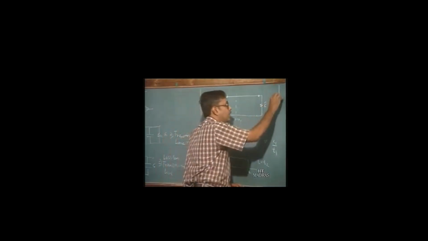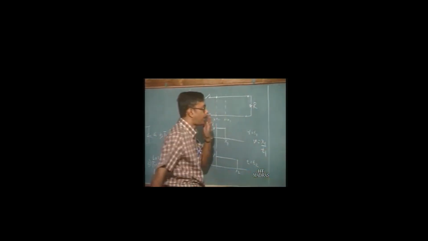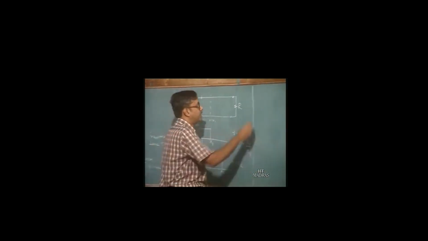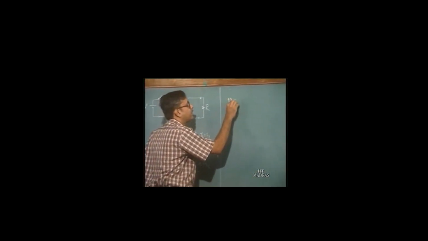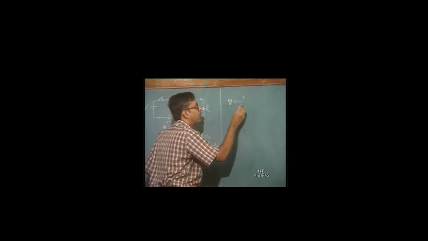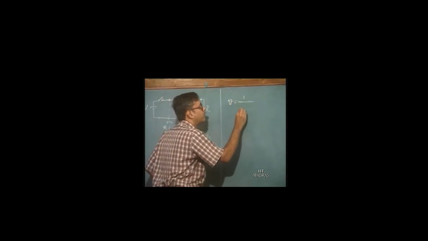Now what is the velocity of this voltage front and also the current front? It can be shown that the velocity v is given by 1 by root of LC, where L is the inductance per unit length and C is the capacitance per unit length.